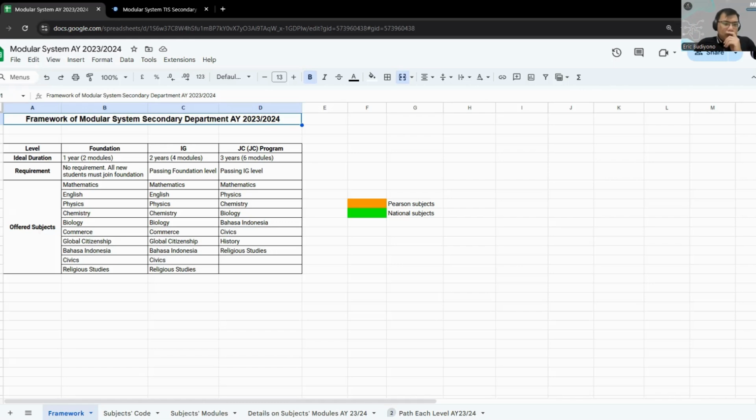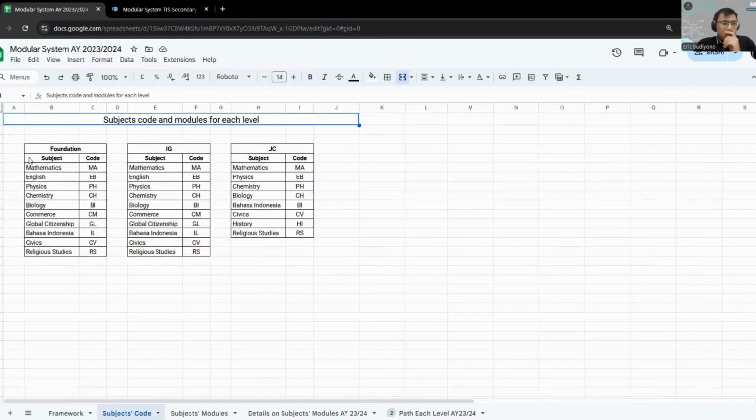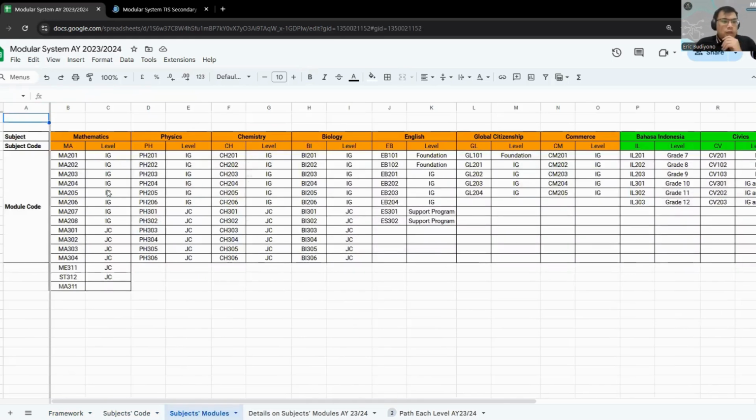So if I can explain a little bit, we create a code for the subjects, and then this is the subject module. As you can see here, for mathematics we have 1, 2, 3, 4, 5, 6, 7, 8, 9, 10, 11, 12, 13, 14, 15. We have 15 modules just for mathematics.